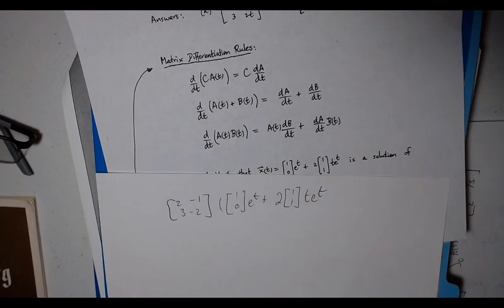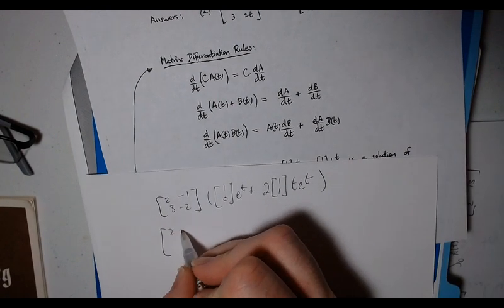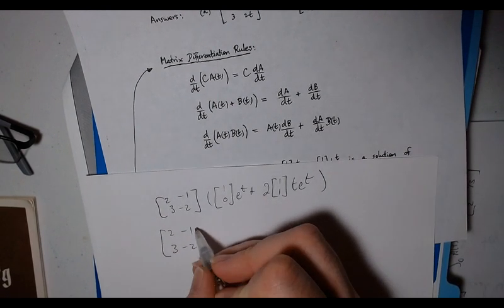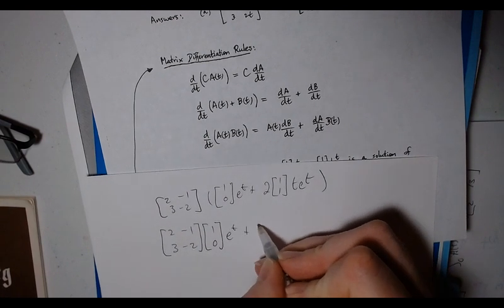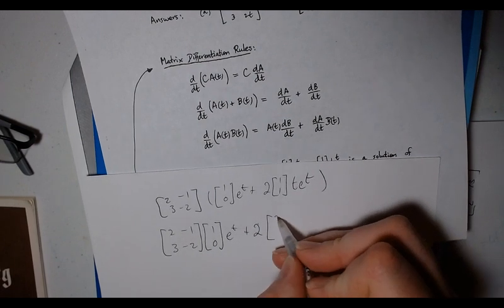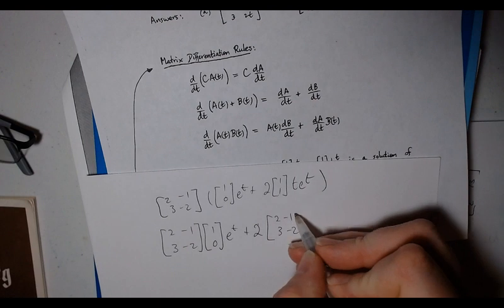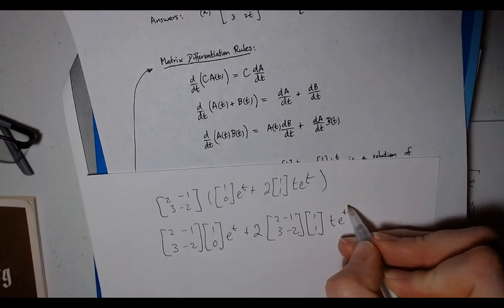Yeah. So this is equal to [2, -1; 3, -2] times [1; 0] e to the t plus, I'm going to move my constant out front, 2 times [2, -1; 3, -2] times [1; 1] t e to the t.